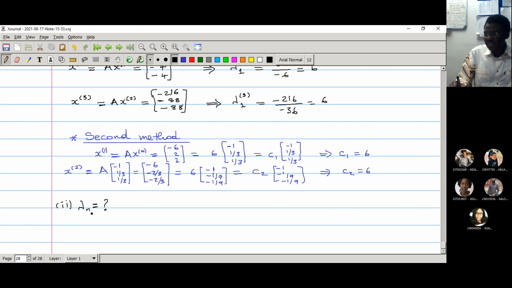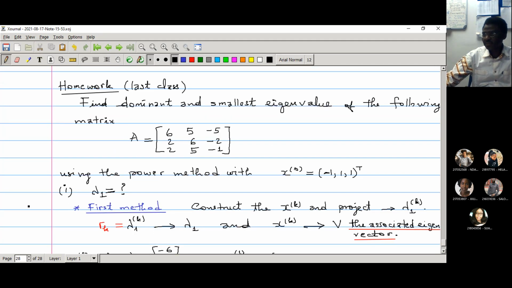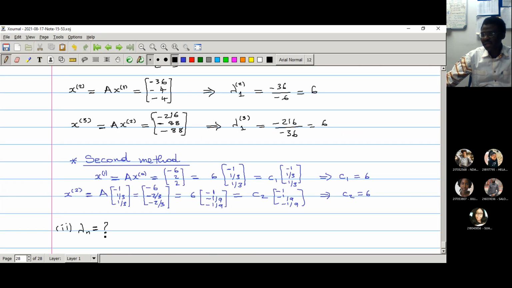Obviously, when you say lambda n here, since we assume it's a 3 by 3 matrix, this lambda n is in fact lambda 3, because n is the size of the matrix, which is 3, or the dimension Rn. This is 3, lambda 3. But I just leave it lambda n so that you understand it's the smallest.